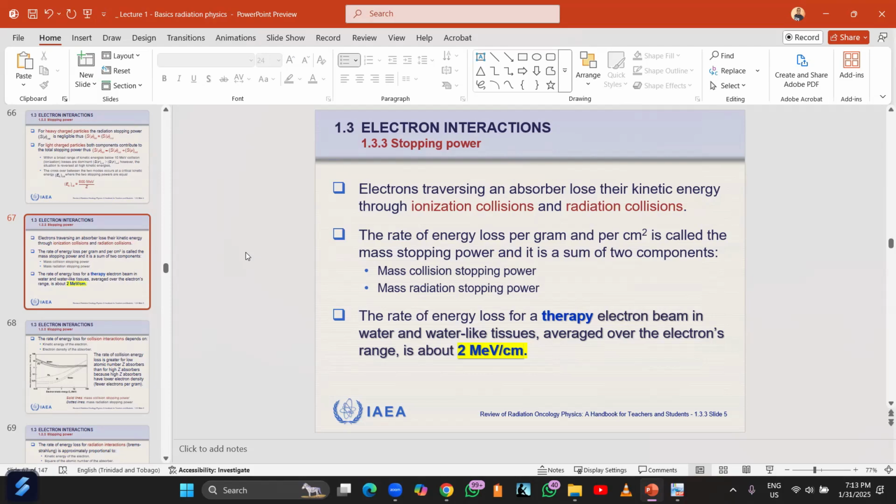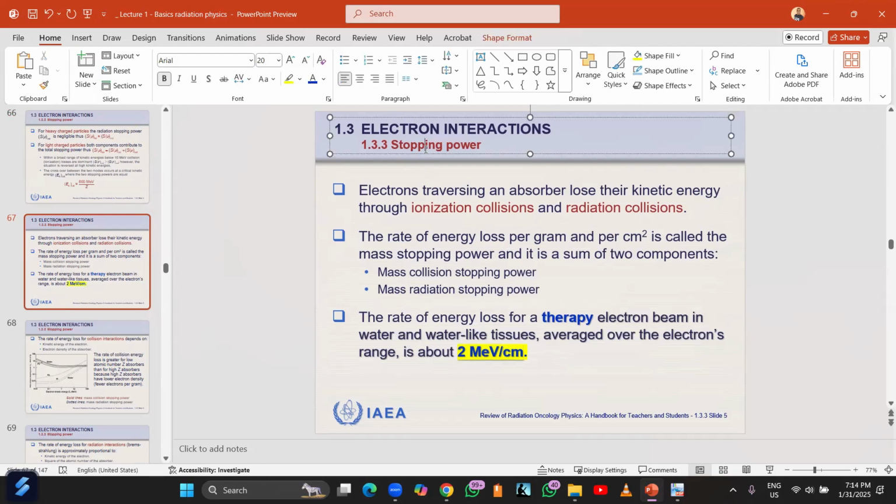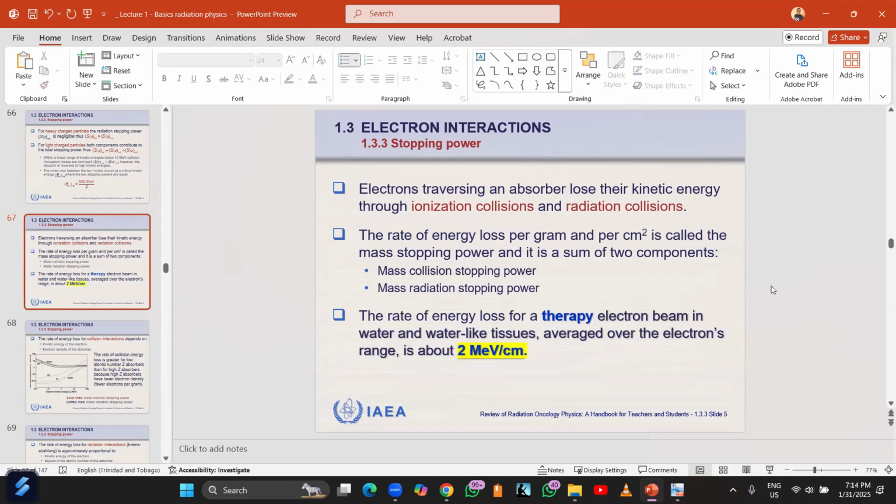For electrons, due to the high stopping power, or the high energy loss per unit distance, they deposit most of their energy close to the surface of the patient. We will look at the percentage depth dose curves, or PDD curves, which show the change of dose with depth.